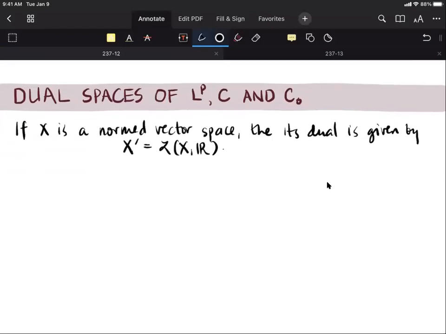So the characterization of the dual spaces for LP is given by the following Riesz-Fischer theorem.